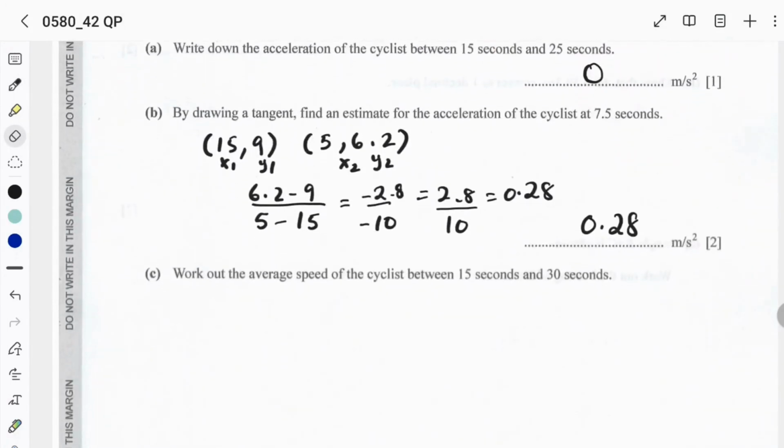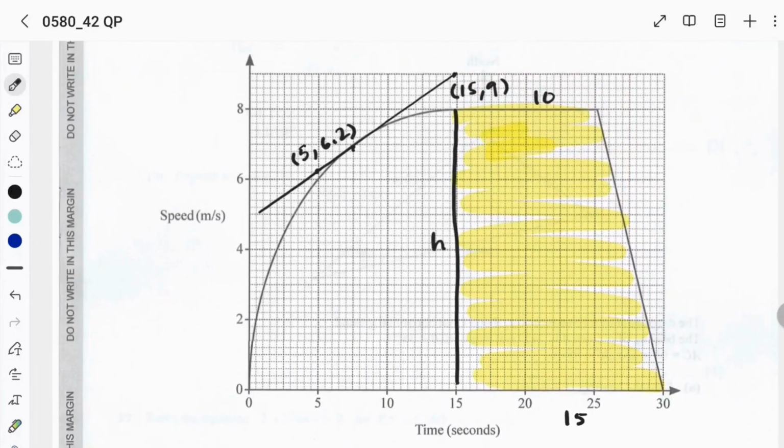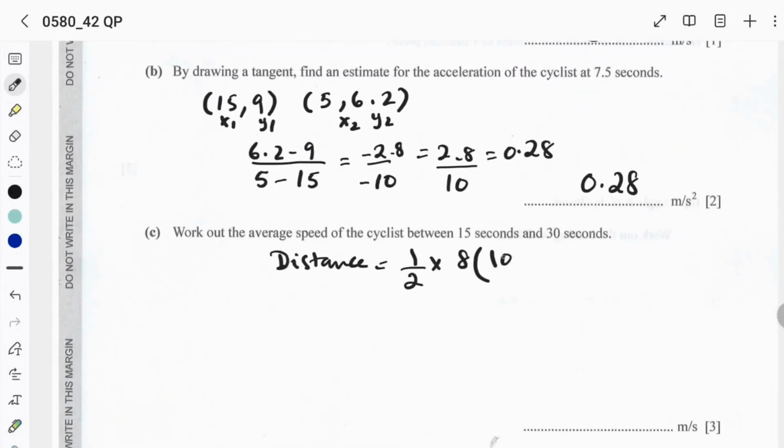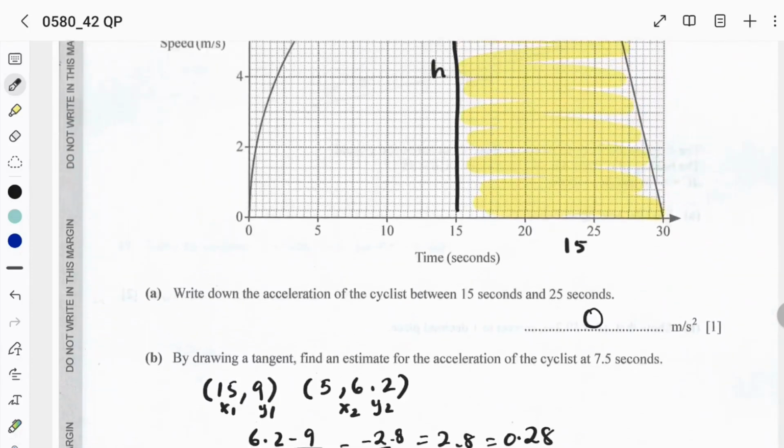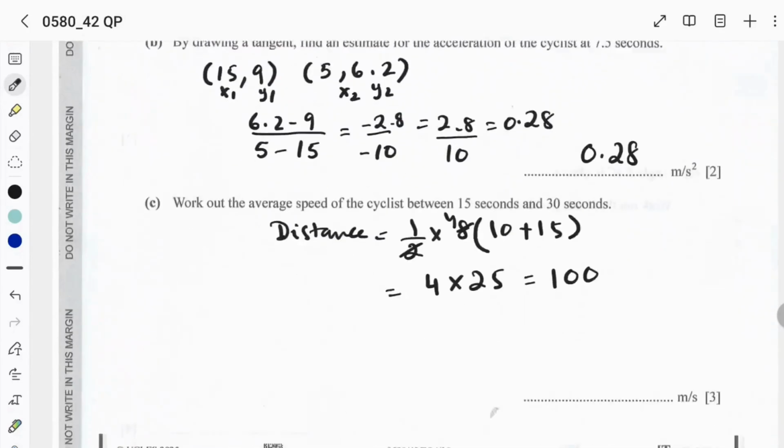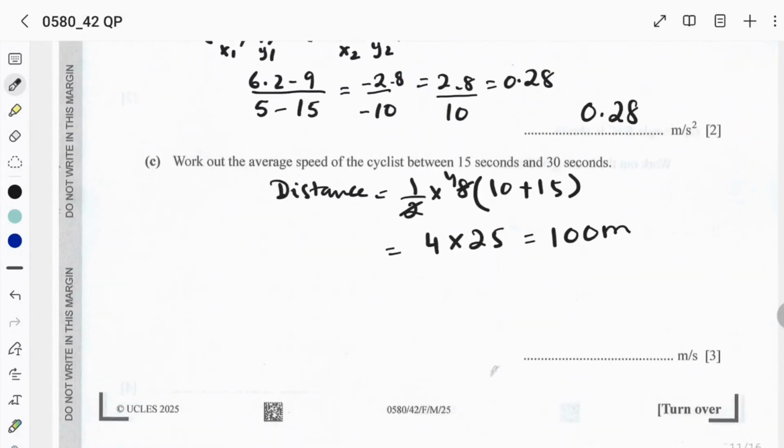Half times height times the sum of parallel lines gives the distance. Now 2 times 4 is 8 and 4 times 25 is 100 meters.